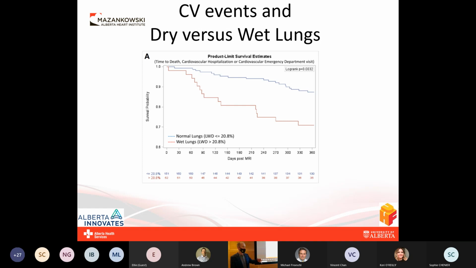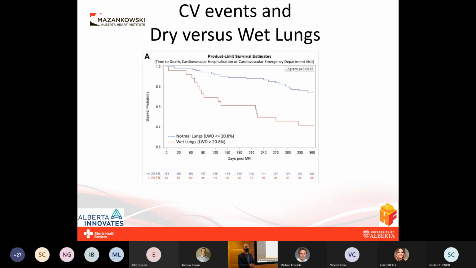And then we looked at the outcomes for the patients in the Alberta Heart Study, and we found that patients with wet lungs, so the 26% that were above this threshold, this was independently predictive on multivariate analysis of cardiac events. And this is a Kaplan-Meier curve showing that if you had wet lungs in red, you had many more events over 1 year than patients with dry lungs. So it seemed like a powerful independent predictor.